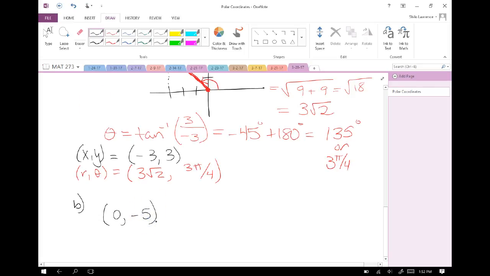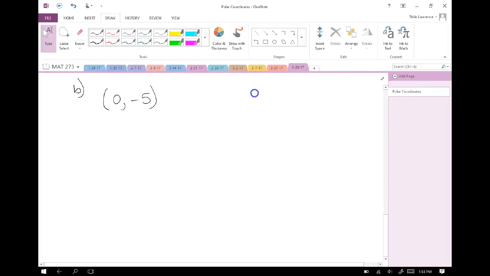Zero, negative 5. So where is 0, negative 5?